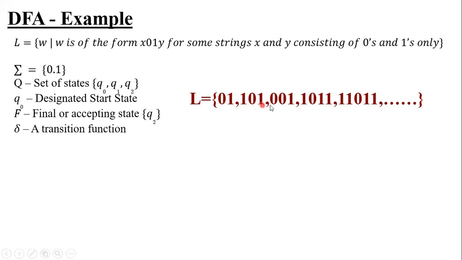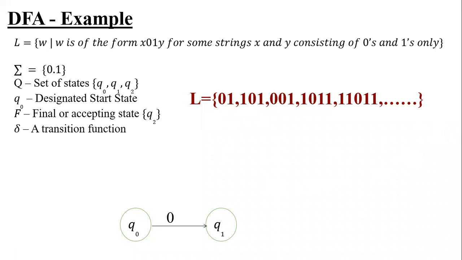So first, we draw the state Q naught, and then we need a state Q1. There would be a transition from Q naught to Q1 because the substring starts with the letter 0. So there is a transition from Q naught to Q1 on the basis of the input 0.